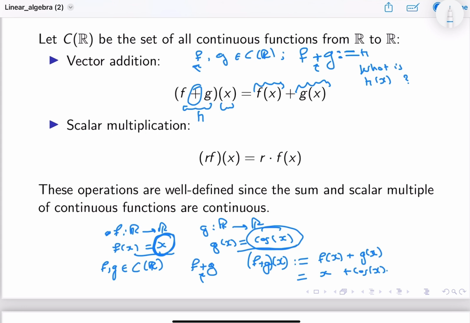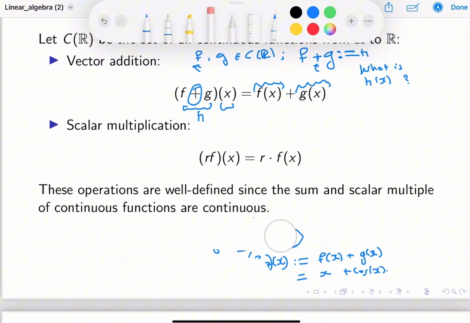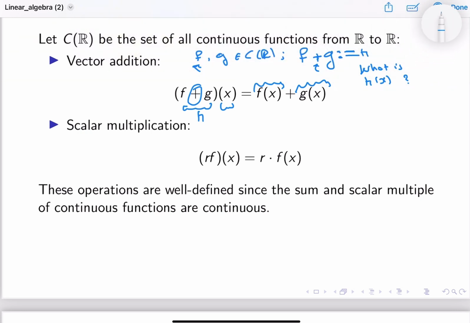And next we need to define what scalar multiplication is. So let me just clean things up here, and let's define what scalar multiplication is. If you start with a function in the space of continuous functions, and you take a real number in R, for example, let's say 2, I want to know what 2f means, right?